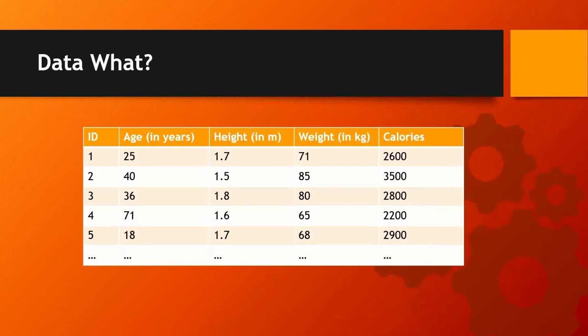And the final column has the daily calorie consumption of those people. So for the first person in the data set with ID 1, their age is 25 years, height is 1.7 meters, weight is 71 kilograms, and their daily calorie intake is 2600 calories.